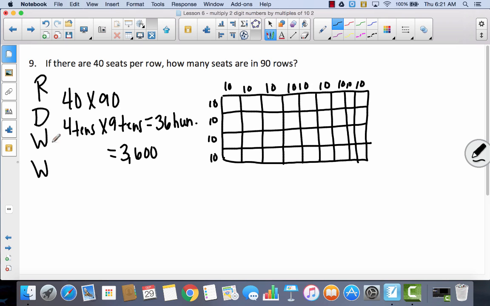That is my number sentence. So I read the problem, I drew an area model, I wrote a number sentence. Now I'm going to write my answer as a statement. If there are 40 seats per row, how many seats are in 90 rows? So I'm going to say 3,600 seats are in 90 rows.